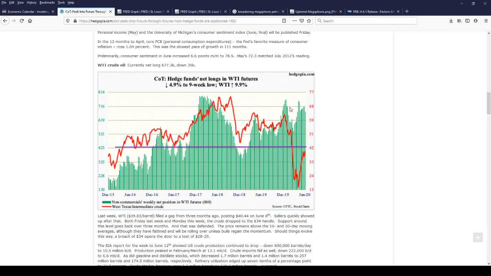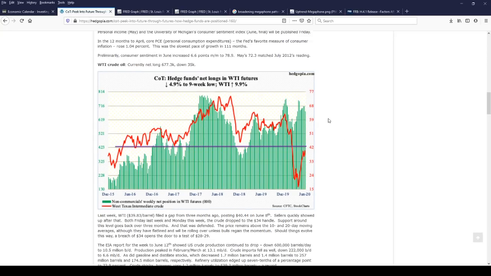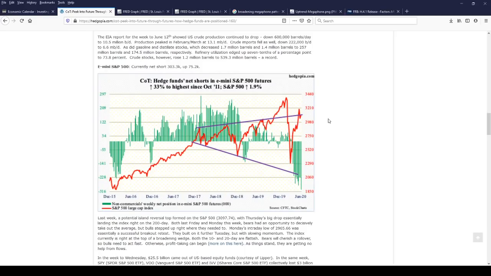Looking at West Texas Intermediate, we see a small pullback on long positions. The market is very long oil in a period where there is a massive amount of oil and products on the market. I wish these people well. I do not share their optimism. We'll just say that. We do know hedge funds are long what's called the cash market, CASH.